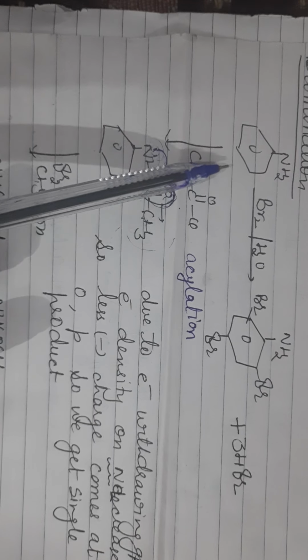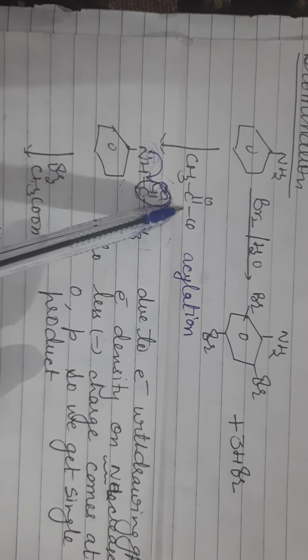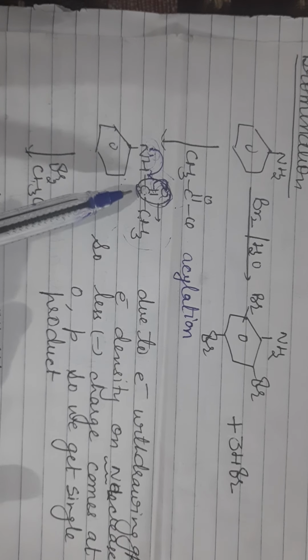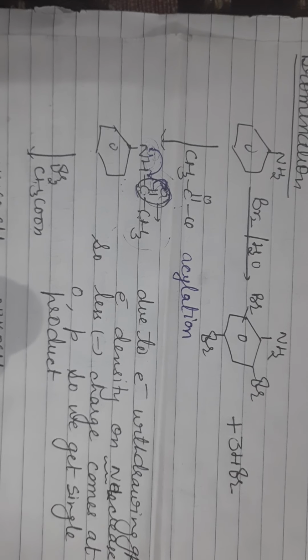So we first do acylation of aniline, which takes place with acid chloride or acetic anhydride, which we have already discussed in the second reaction. First we do acylation, then we do bromination in acetic acid medium. When we do bromination, we get a single bromo product.